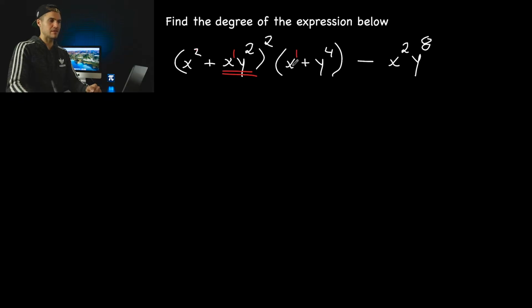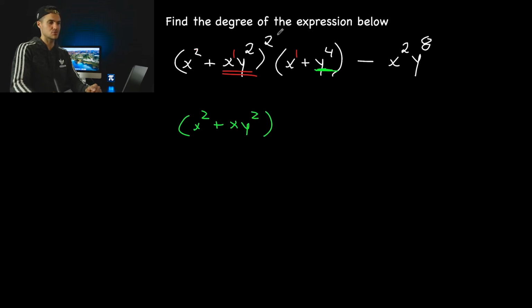Now, from this factor here, this x to the 1 plus y to the 4, it's obvious that the y to the 4 is going to be the highest degree. However, here, now that we can't really use this term, because we know it's going to cancel out in the end, we have to see what would happen if we were to FOIL this out.